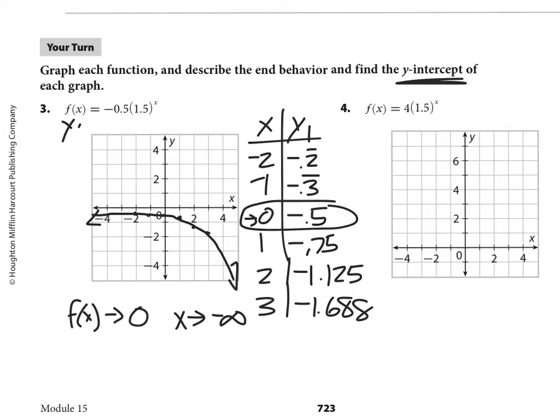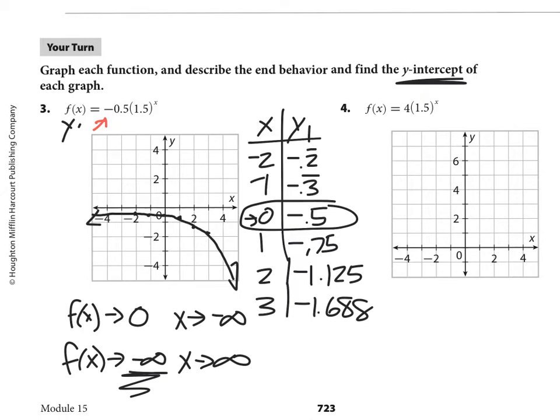And remember how we said end behavior has to be doing 0 and then either infinity or -infinity. So as x goes to +infinity, so we trace the function going to the right, that is going down to -infinity. And I should know that because, again, it's being multiplied by a negative number, which meant it's got to be going down. Okay. So let's go to the next problem.